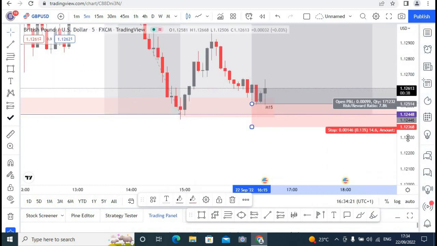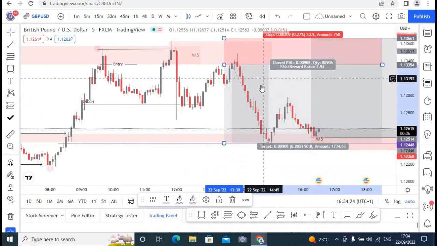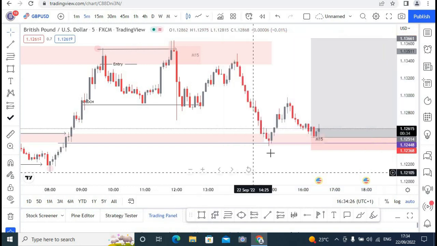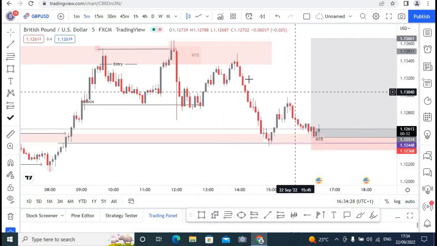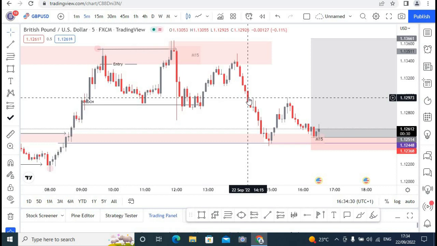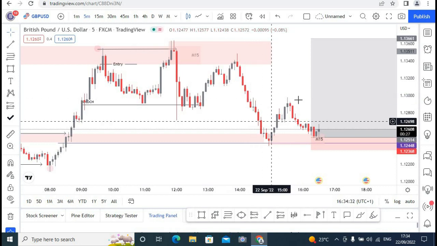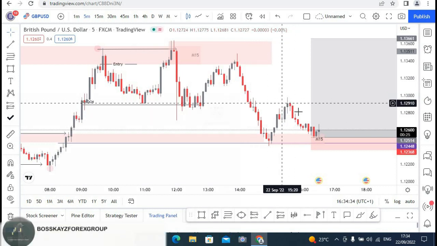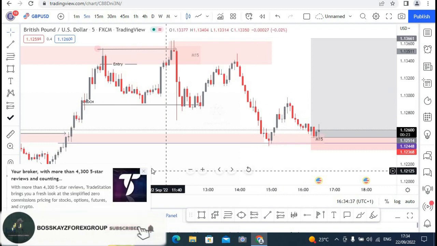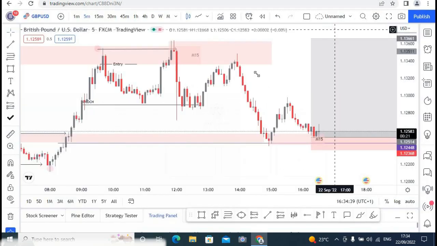It depends on how much you are going to risk on your account. But you can see we did have a nice breakout structure here, so this may be a good confirmation for a continuation pattern. So I hope this video will help you.